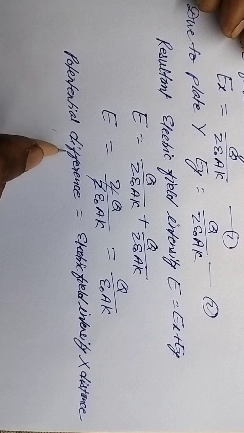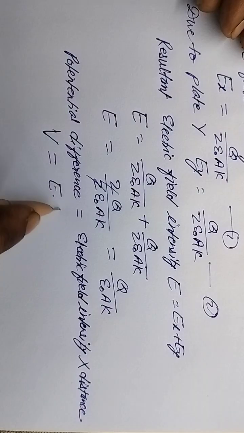Now consider the potential difference symbol V is equal to E into d.